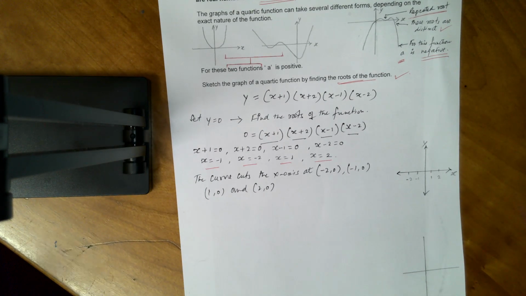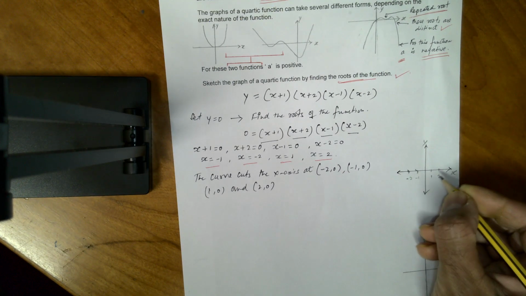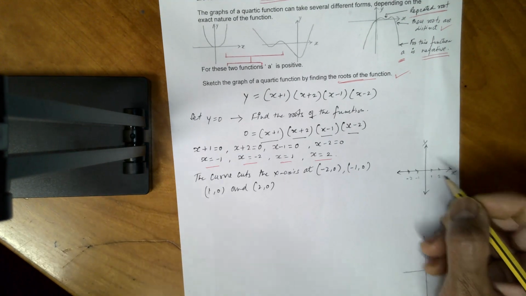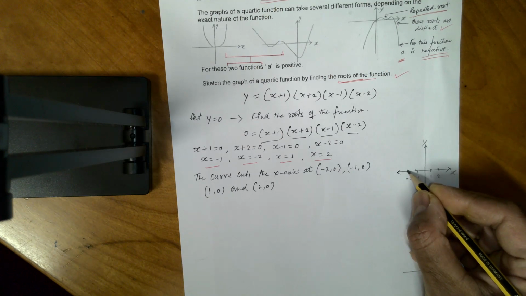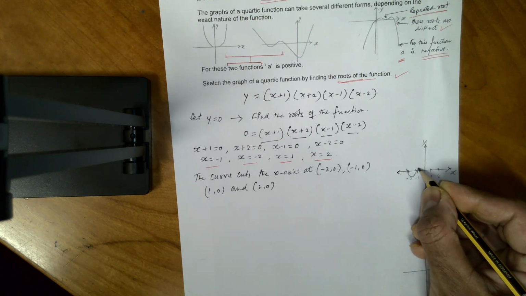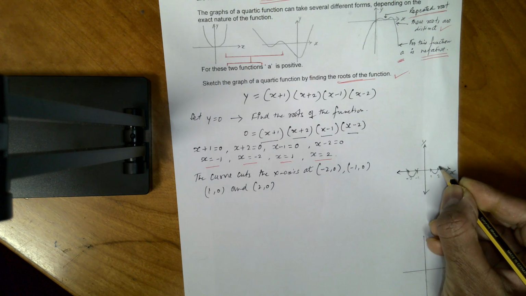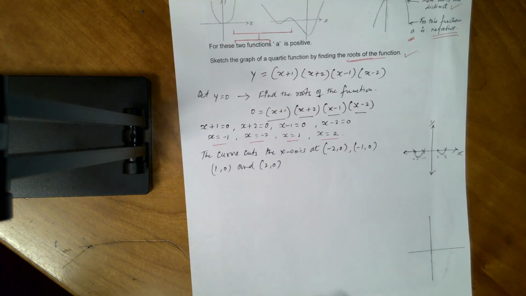We will use these coordinates, and you will have something like this, and then something like this. So you see we start to get our graph. We haven't finished that, so what's next?